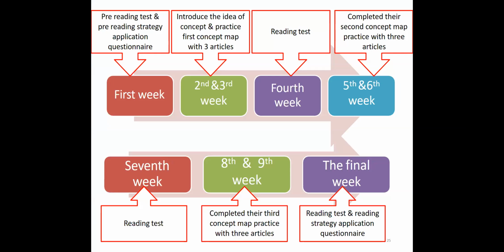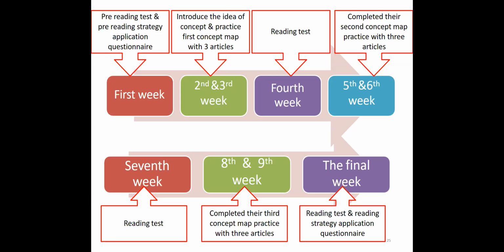The experiment lasted 10 weeks, and every class period was 2 hours a week. Before the experimental process was carried out, the subjects were given a pre-reading test and completed a pre-reading strategies application questionnaire.